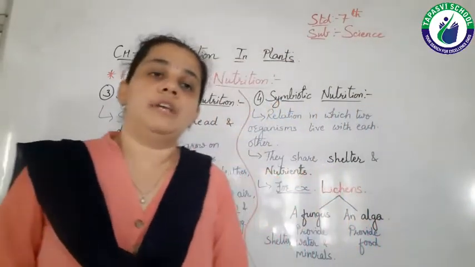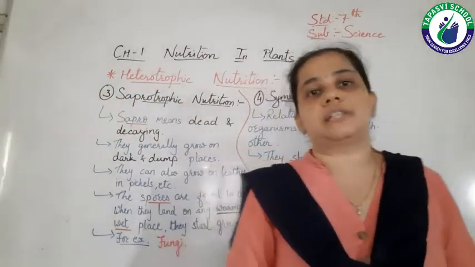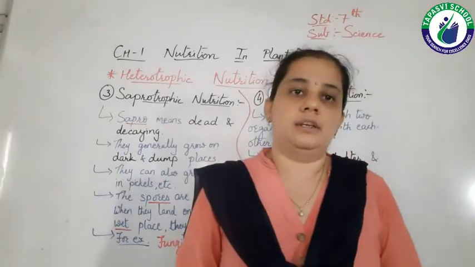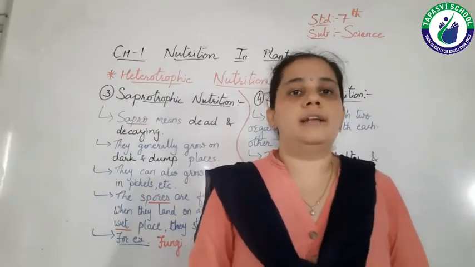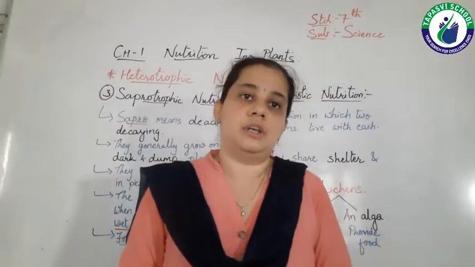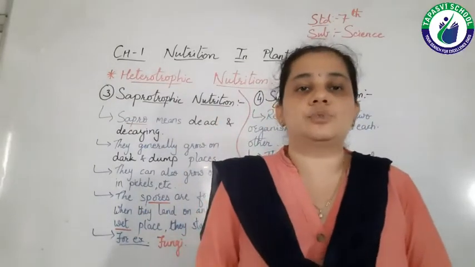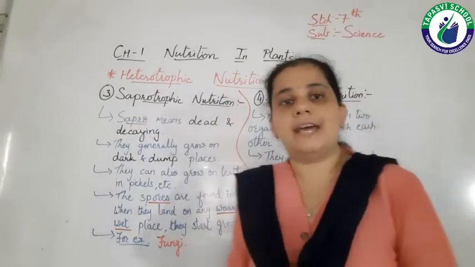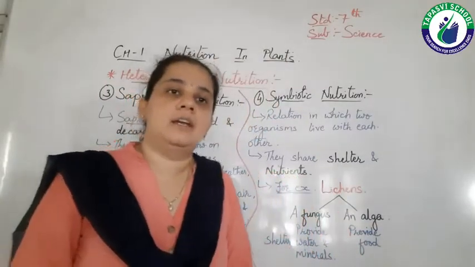We know that plants are taking nutrition continuously from the soil, so one time the soil will not have any nutrition. So how can we again add some nutrients to the soil? There are ways by which we can add them.